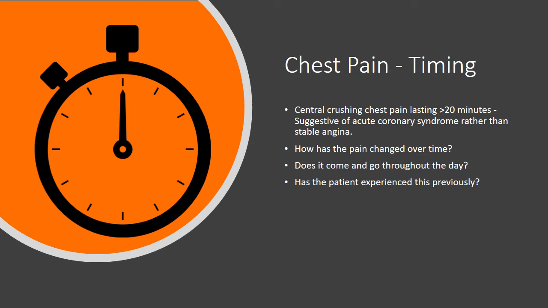A pain that's becoming gradually or rapidly worsening is again going to be suggestive of something more serious, as opposed to a pain that waxes and wanes. So if it's coming and going throughout different parts of the day, or even throughout different parts of the week, that's going to lead us to think differently about this pain than someone who's got an acute onset of something that's getting quite rapidly worse.